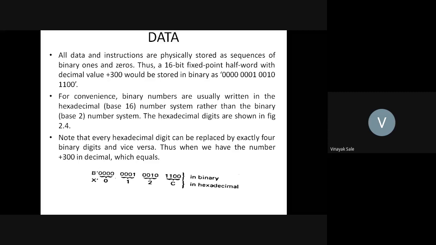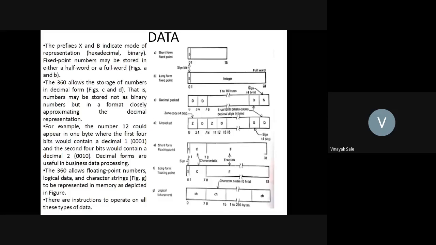So while writing the data in hexadecimal format, we should write the base as 16. Here the prefix we have used in the previous example is b and x, b for binary and x for hexadecimal.